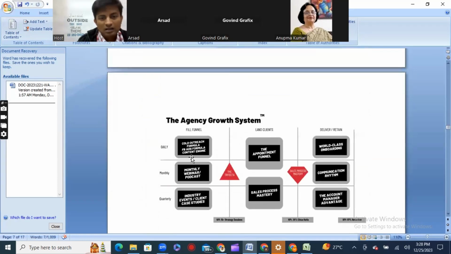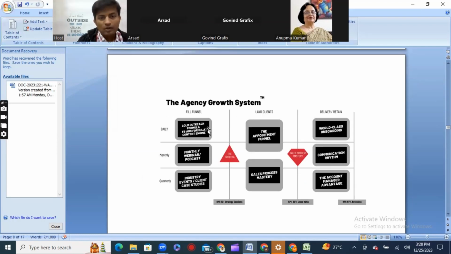This is the model that you have to follow. You have to perform daily, monthly, and quarterly activities. Daily, you have to write your content, do cold outreach, and FB ads, which are optional. Monthly, you do at least one webinar, YouTube live, or podcast.